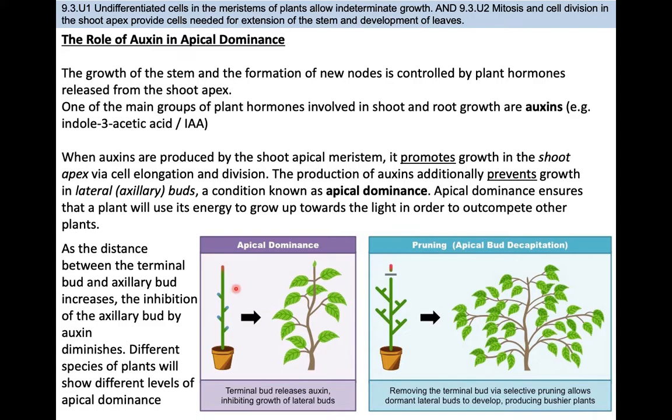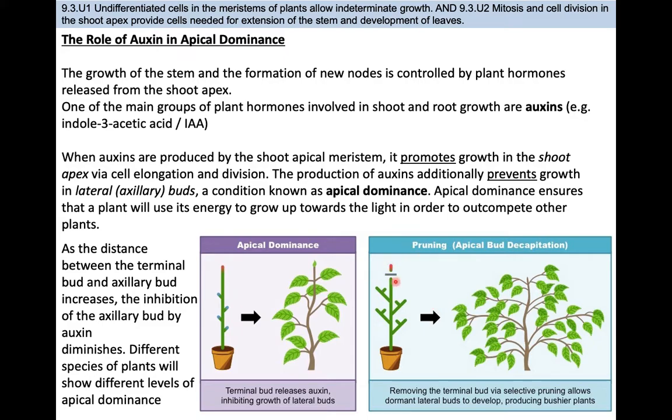This is called apical dominance because it's focusing on growing upwards before it starts growing branches. Once again, remember we have these nodes that can eventually form branches, and when auxin is nearby, it actually inhibits the growth of these branches. But as the plant grows upwards, the apical meristem is far enough away from these nodes that they are no longer inhibited, and that's when we can start to see branches form.